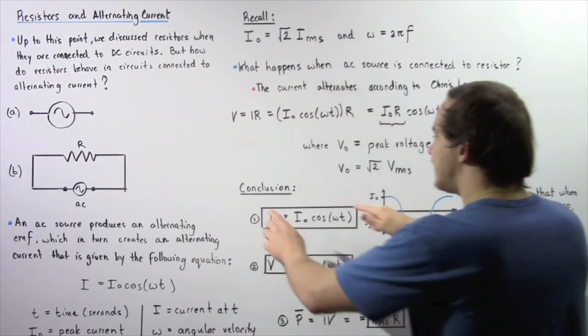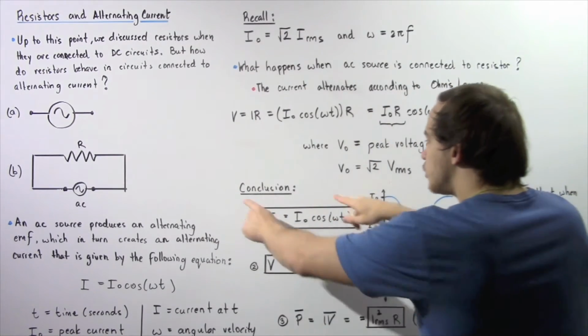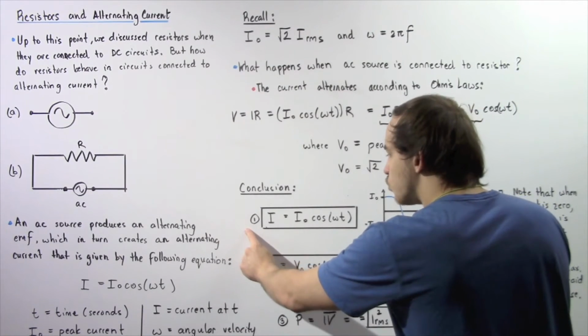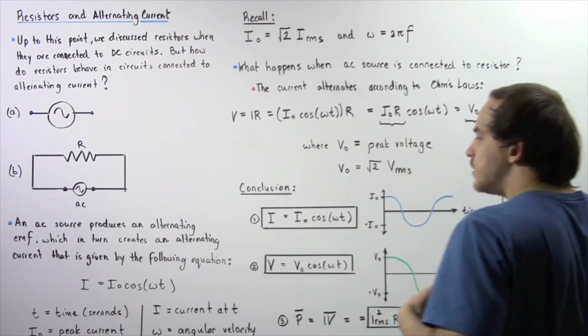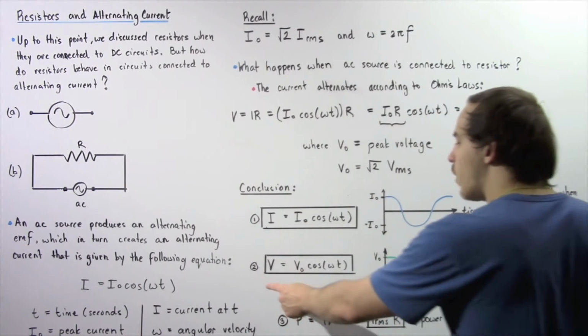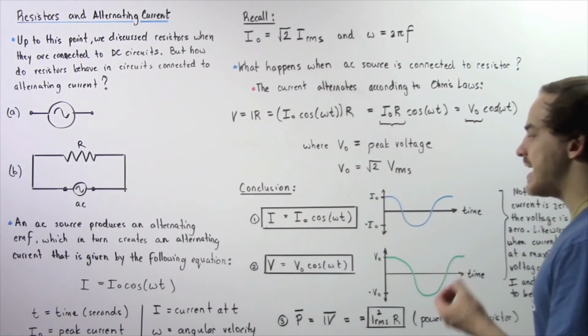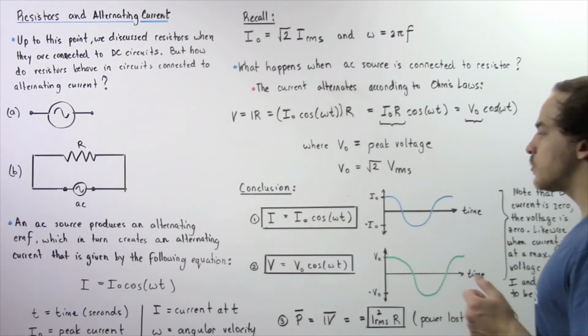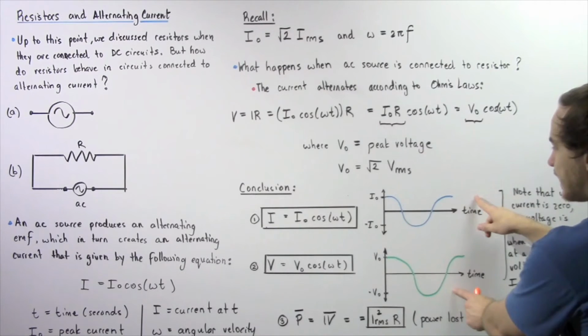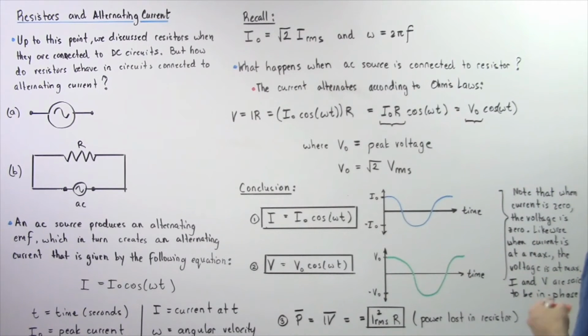So what exactly can we conclude? So we conclude the following three equations. So equation 1 describes the change in our electric current over time. Equation 2 describes the change in our voltage with respect to time. And these two equations are given by the following graphs.